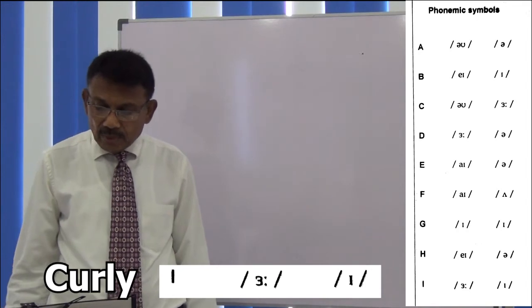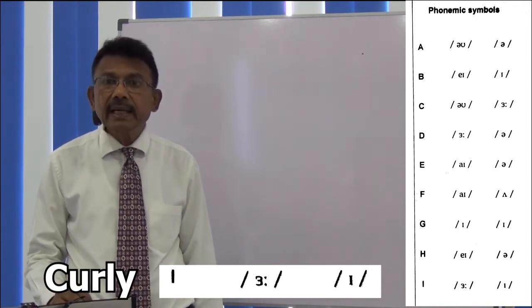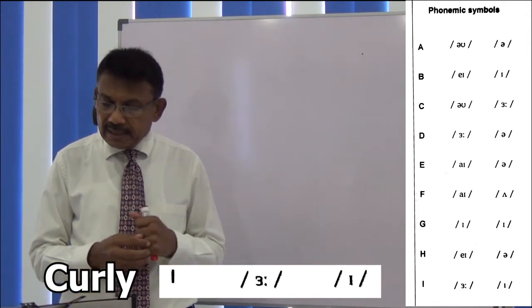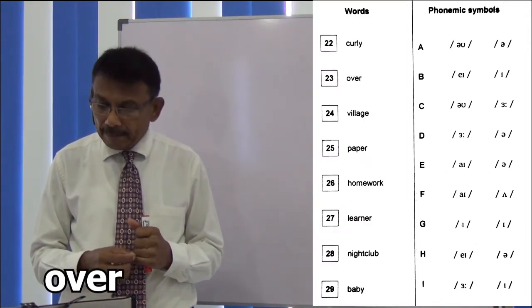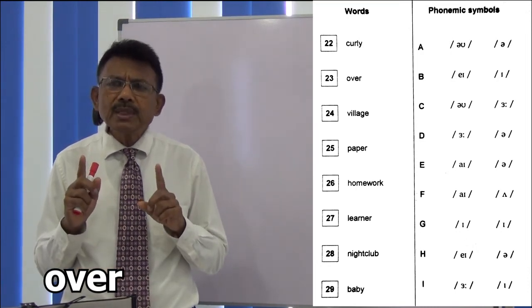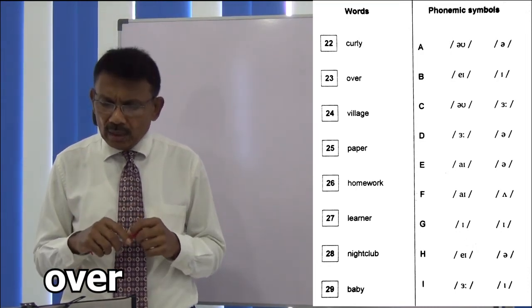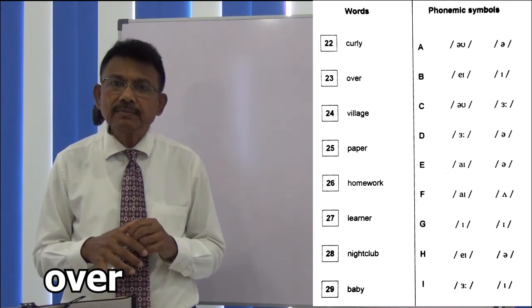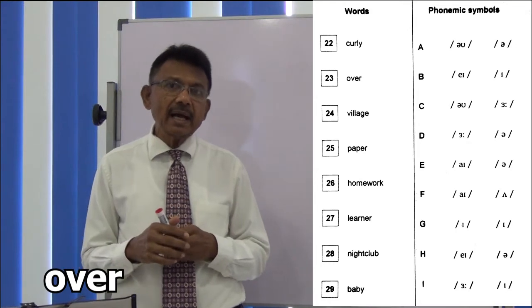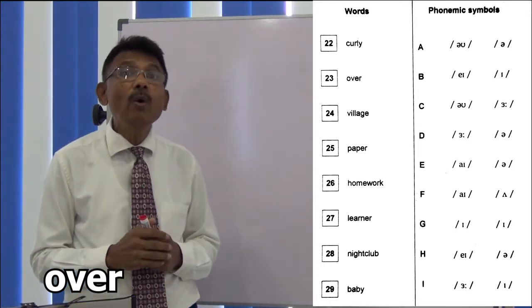Then question number 23. What is the word? Say it. How do you pronounce it? Over or over? What is the correct pronunciation? Now in Sri Lanka, most of us say it one way.